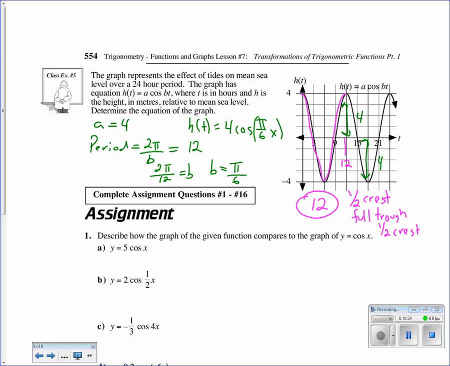That's going to help me with my period calculation. Period is 12, controlled by the formula 2 pi over b. Manipulate that for b. And my amplitude is 4. I can read that straight off the graph and report my equation as h at t equals 4 cosine pi over 6. But I should use a t, not an x, because I'm tracking time.